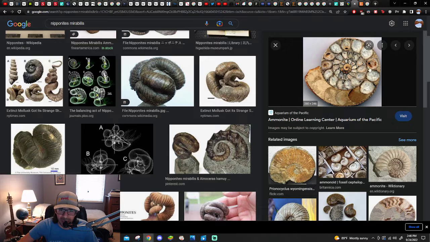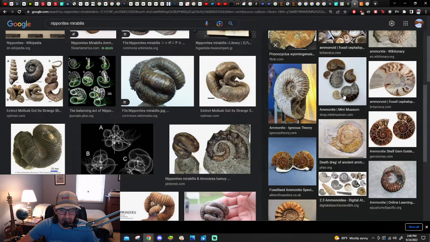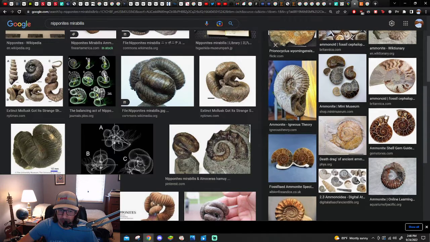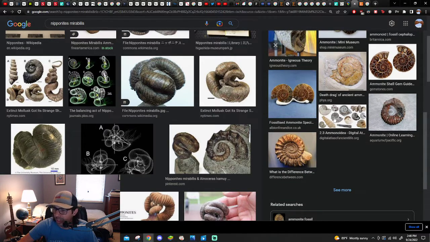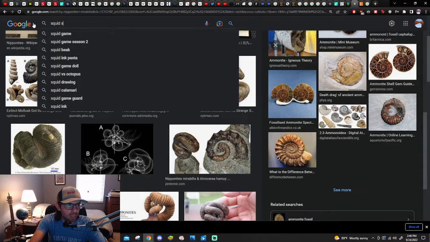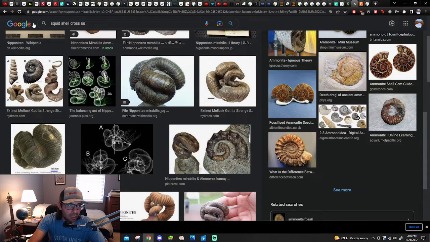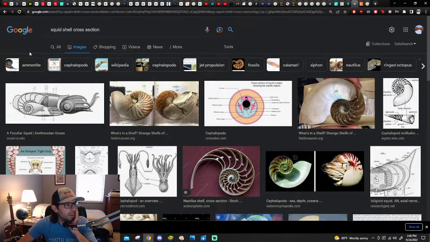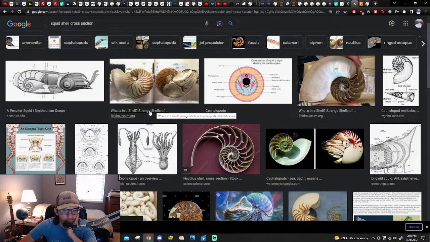But it can't even get in there at some point. What's it doing with all this extra shell? Although that's probably what squids and such are like. Squid shell, let's see. Squid shell cross section. I mean, they legitimately are like that.